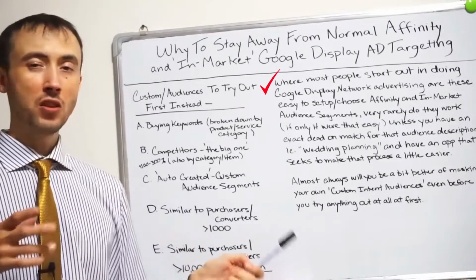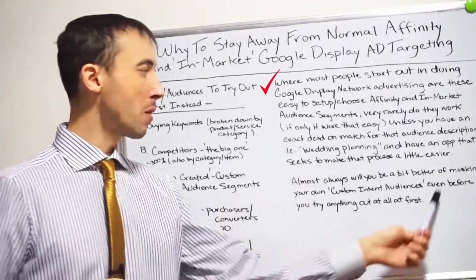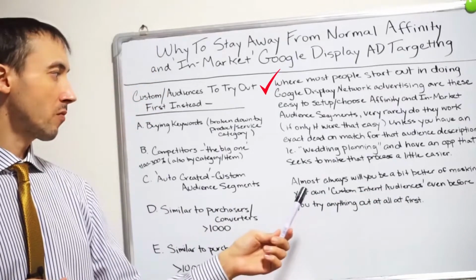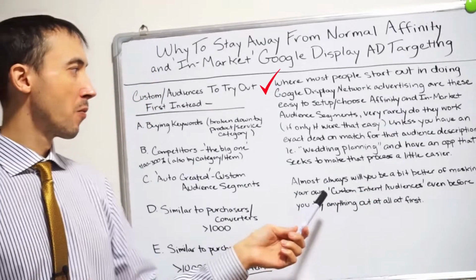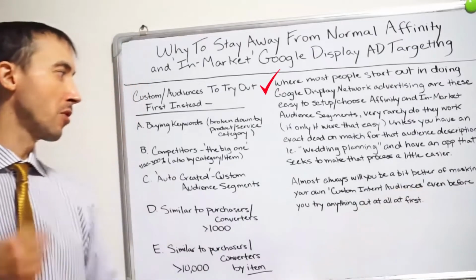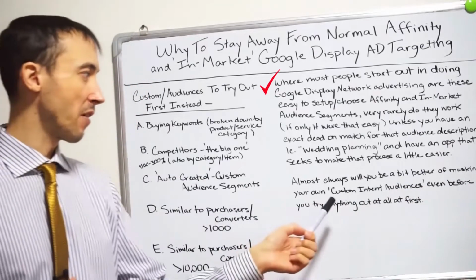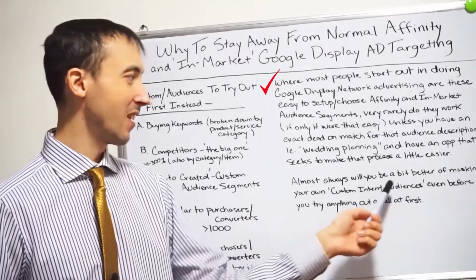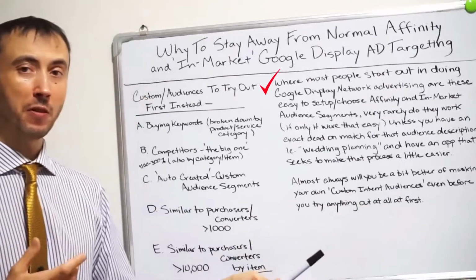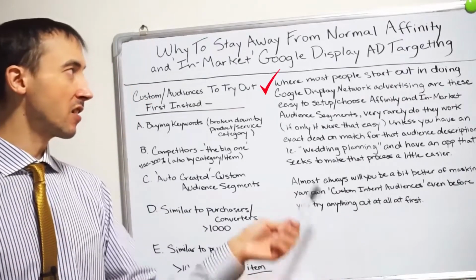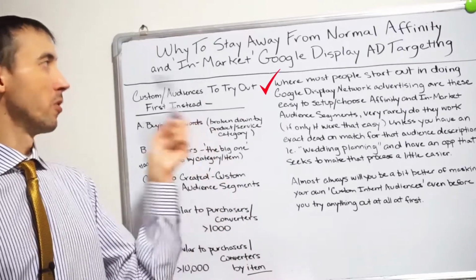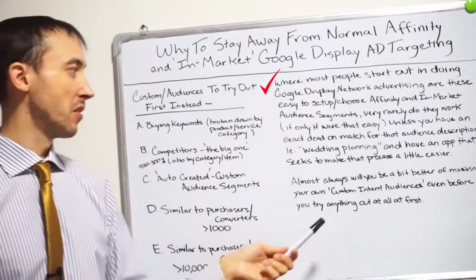So anyway, you get the picture here. Almost always you will do a bit better of a job targeting your ads and making money with these custom intent audience segments that you craft for yourself than with these pre-populated in-market or affinity audience segments.